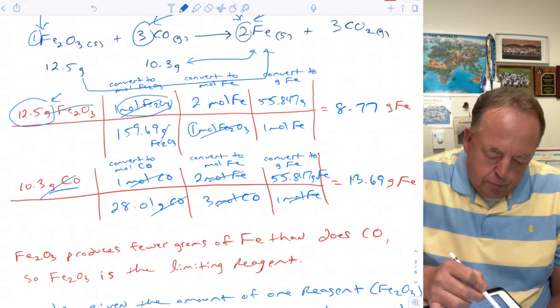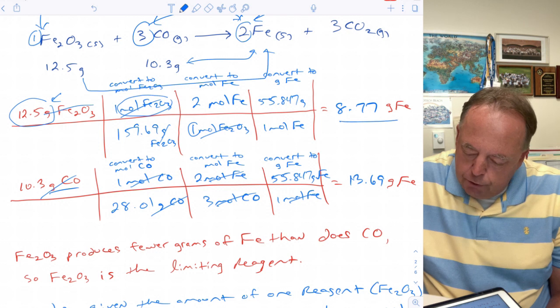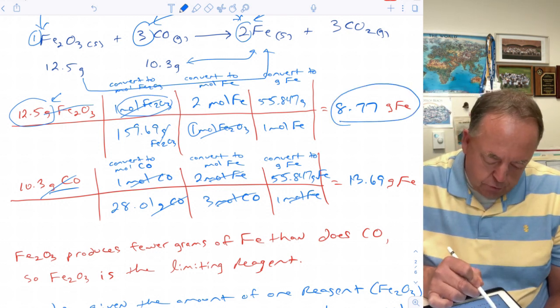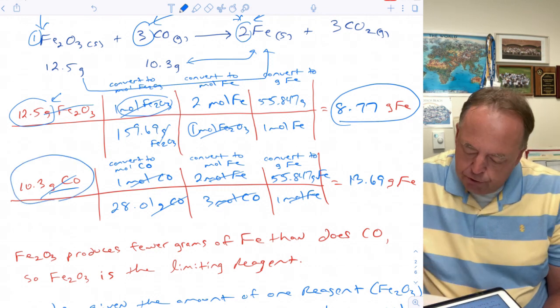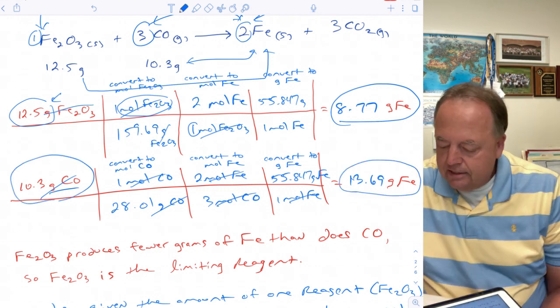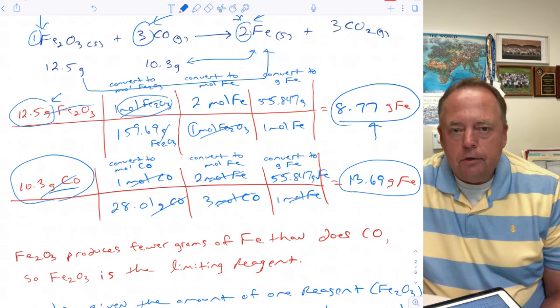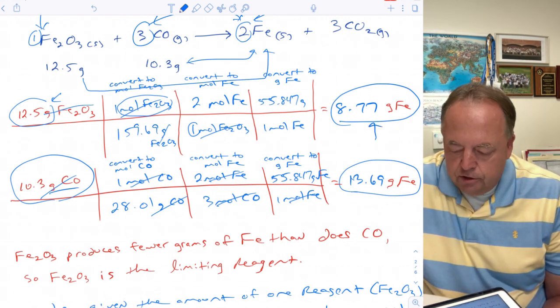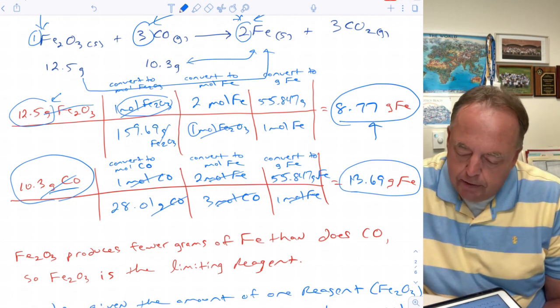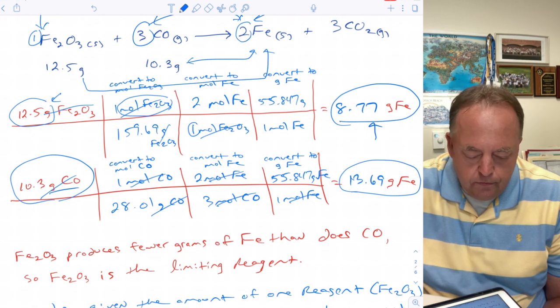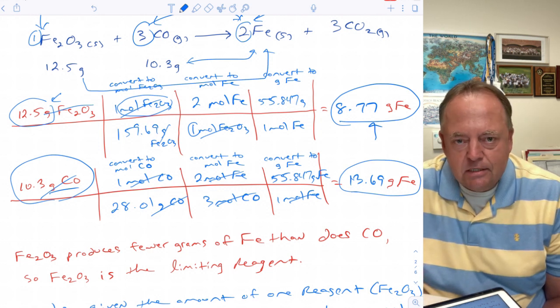Okay, so using 12.5 grams of iron 3 oxide, you could make 8.77 grams of iron. Using 10.3 grams of carbon monoxide, you can make 13.69 grams of iron, and you go with the one that is smaller. As soon as you make 8.77 grams of iron, there is no more iron 3 oxide, so the reaction stops at that point.